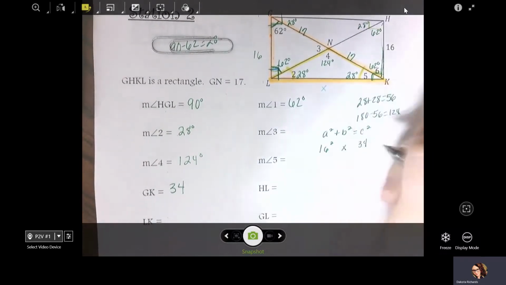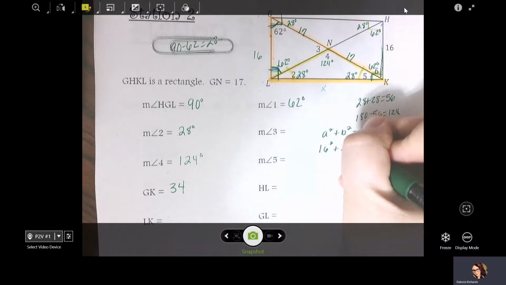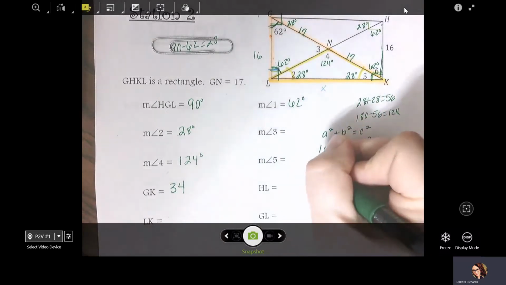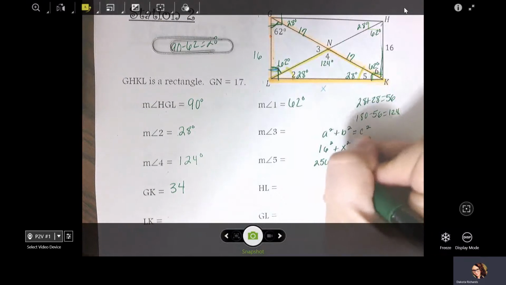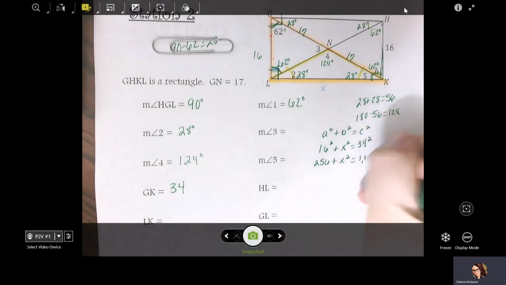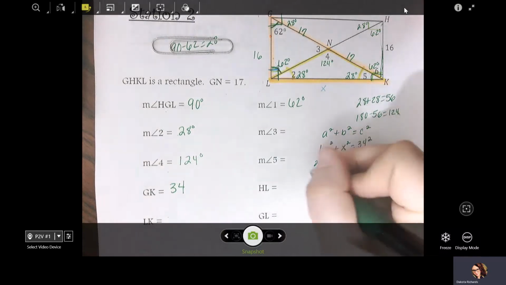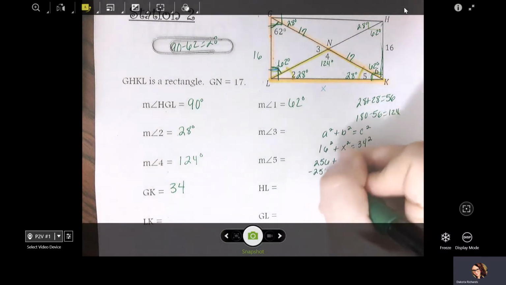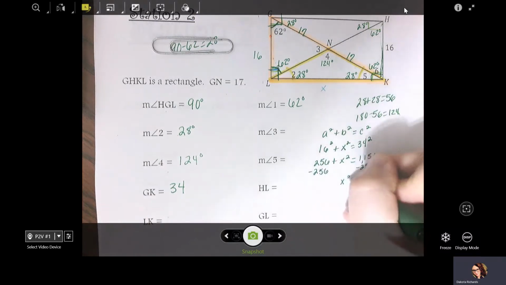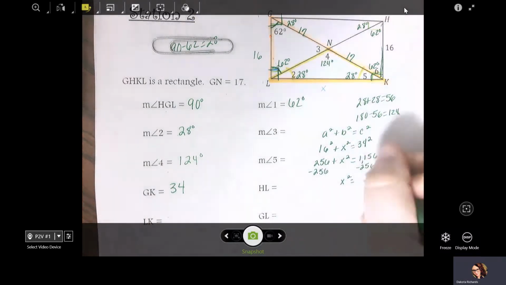So 16 squared plus x squared equals 34 squared. 16 squared is 256 plus x squared equals 34 squared, which is 1,156. Subtract 256 on both sides. We end up getting x squared equals 900.